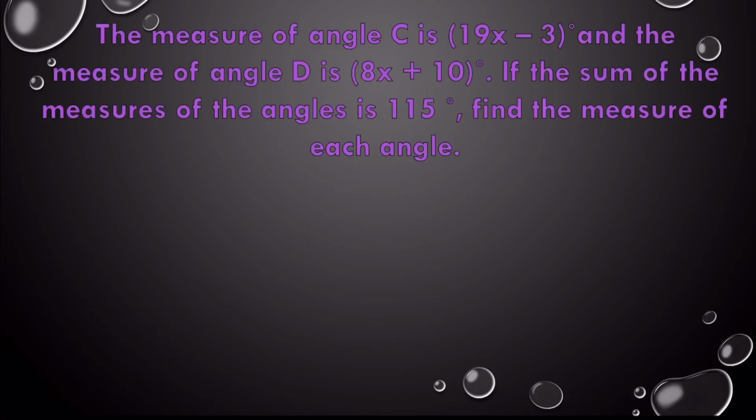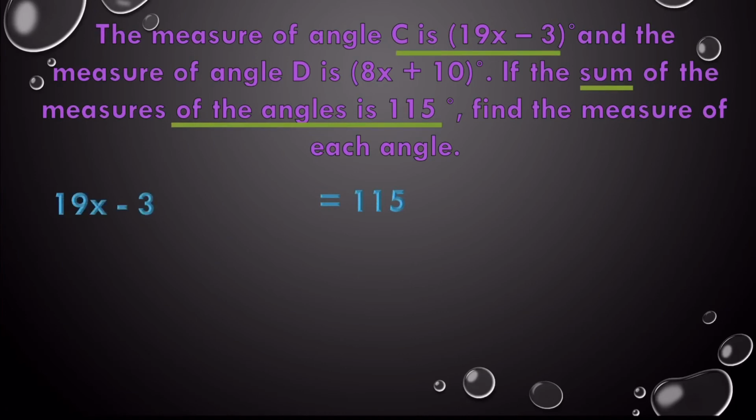This one's a little bit more, but it's not that challenging. It says the measure of angle C is 19x minus 3, and the measure of angle D is 8x plus 10. If the sum of the measures of the angles is 115, find the measure of each angle. Well, look what it told us. The sum means to add, and it says the sum is 115. So I know it equals 115.